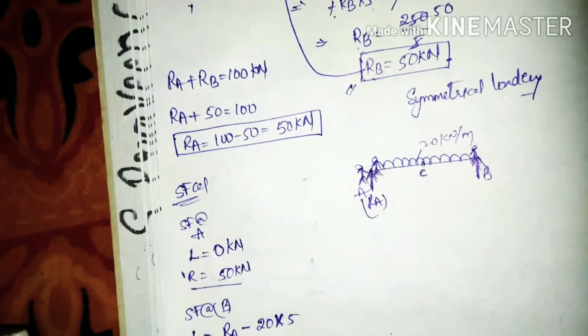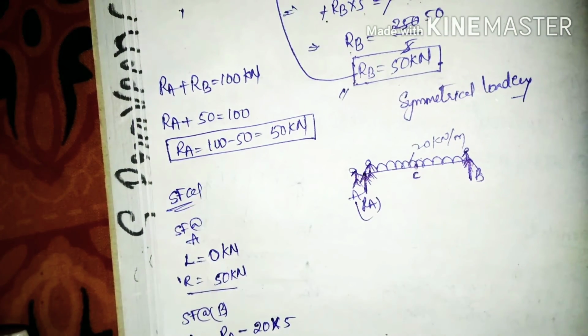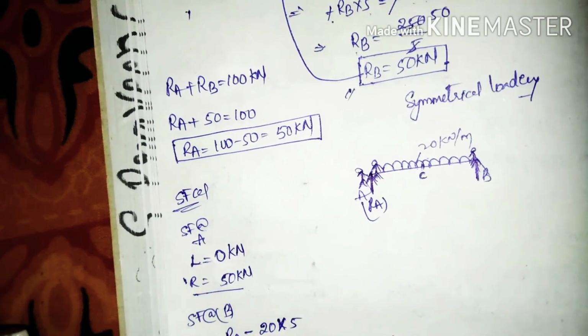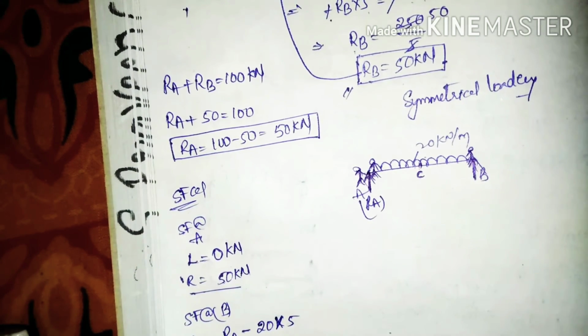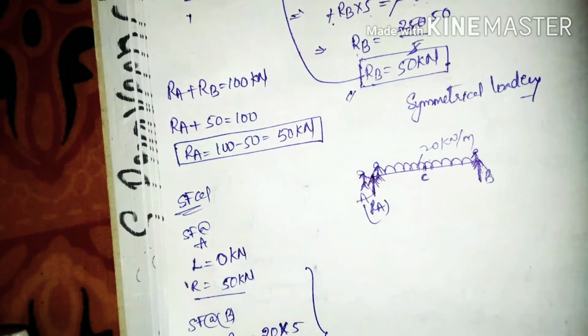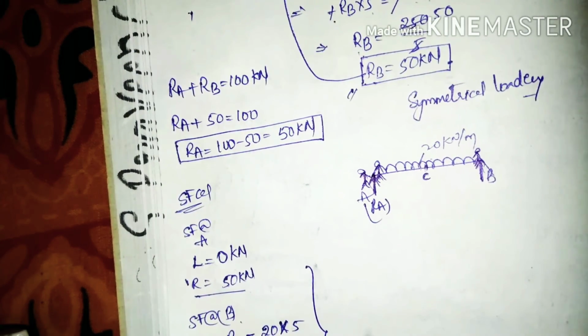That is going to be 50 minus 100, that is minus 50 kilonewtons. For the left of B, that is minus 50.